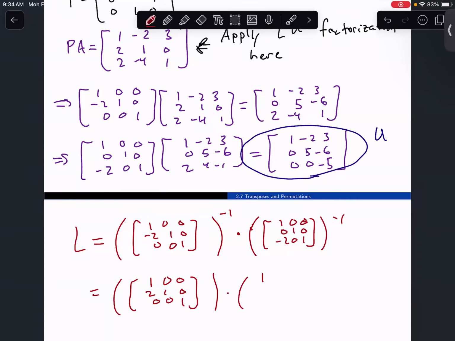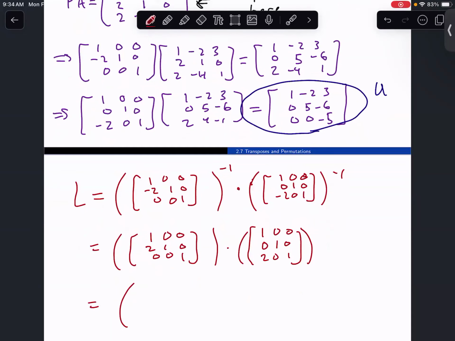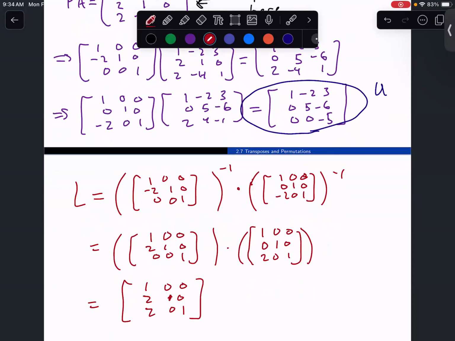And then this is going to be 1, 0, 0, 0, 1, 0, and then 2, 0, 1. And then if you were to multiply these two things together, you end up just getting the following matrix. So it's going to be 1, 0, 0, 2, 1, 0, 2, 0, 1. So that's how you find what the L is going to be.